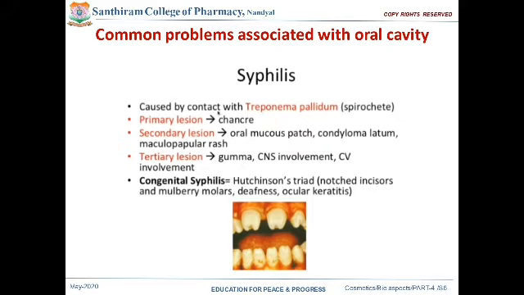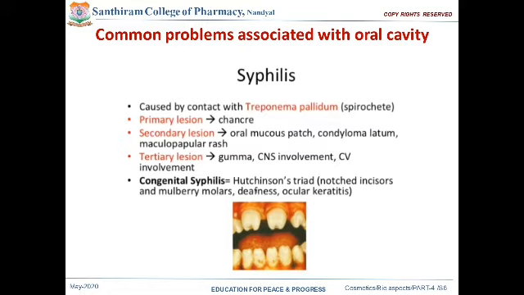So know these three: the primary lesion being a chancre, a secondary lesion sometimes referred to as oral mucus patch, condyloma latum, or a maculopapular rash. Definitely learn that. The tertiary lesion is a gumma, also having central nervous system and cardiovascular involvement.